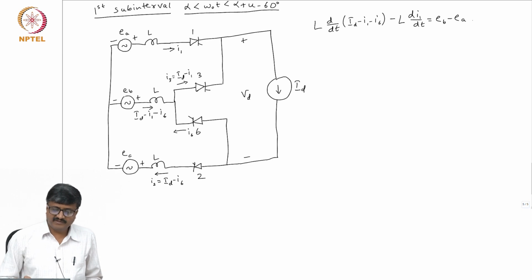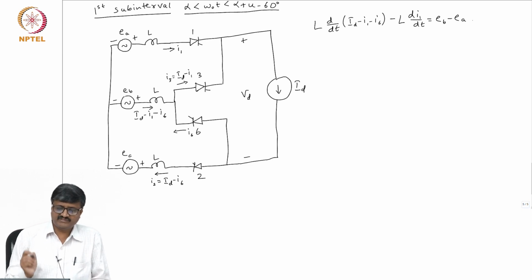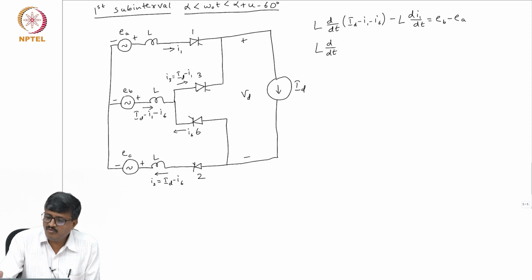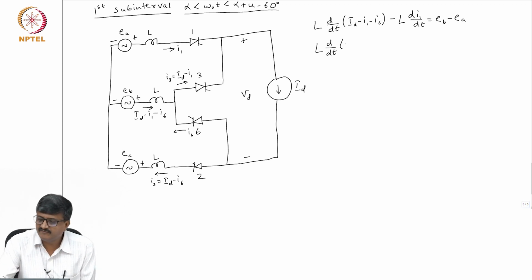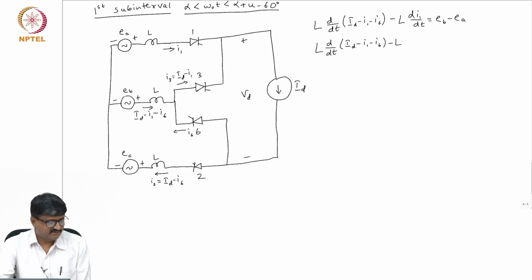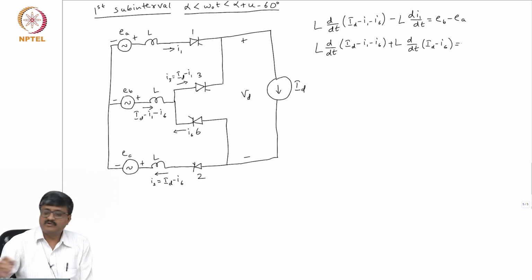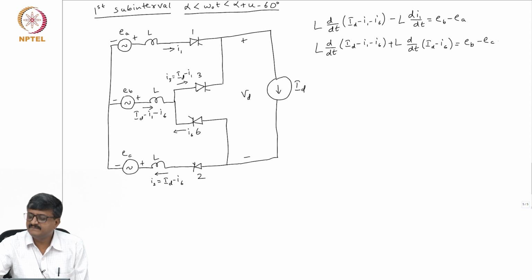Similarly, I take the second loop consisting of EB, EC, valves 2, 6 and the 2 inductances L connected in series with EB and EC. Applying Kirchhoff's voltage law, I get L d by dt of ID minus I1 minus I6 minus, okay, here the current direction is opposite, so plus L d by dt of ID minus I6 is equal to EB minus EC.